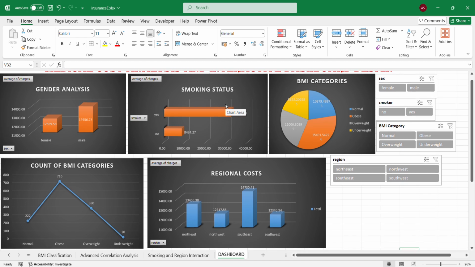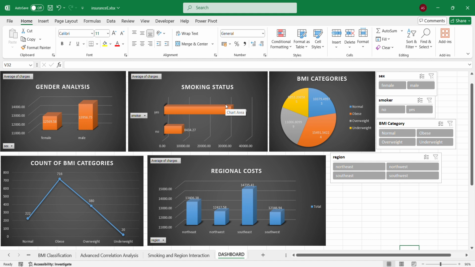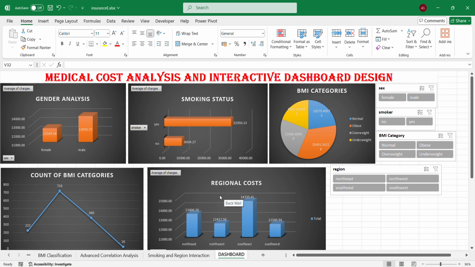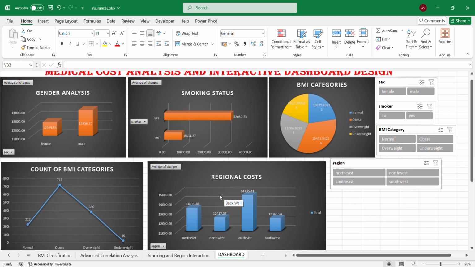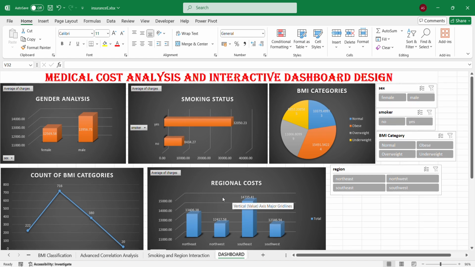It also shows that people in the southeast region should be more aware that their medical cost is greater and how they can reduce it in these specific categories. So that's the whole analysis, and thank you.